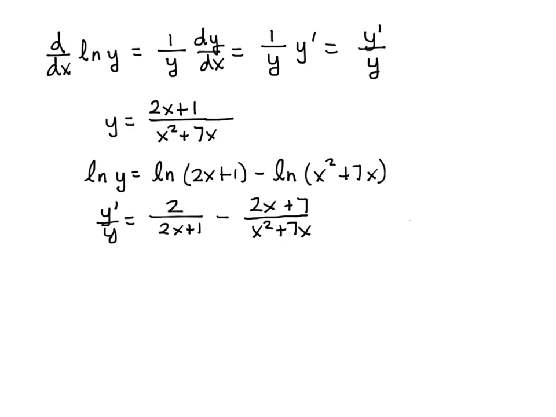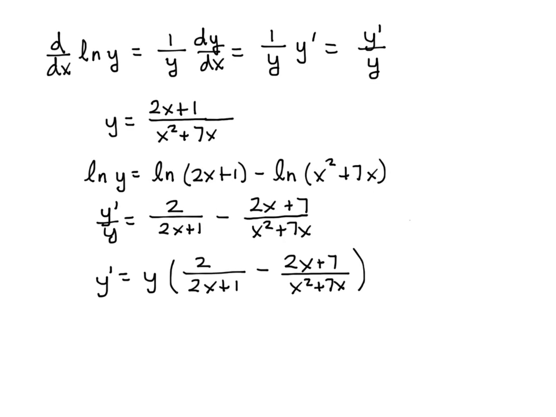The derivative of this is just going to be 1 over 2x plus 1 times the derivative of that, which is 2. The derivative of this, we retain the negative sign, it's going to be 1 over x squared plus 7x, and then the derivative of x squared plus 7x is 2x plus 7. We're looking for y prime, we're not looking for y prime over y, so we'll multiply both sides by y, and that's not nearly as problematic as it looks at first because you already have y.